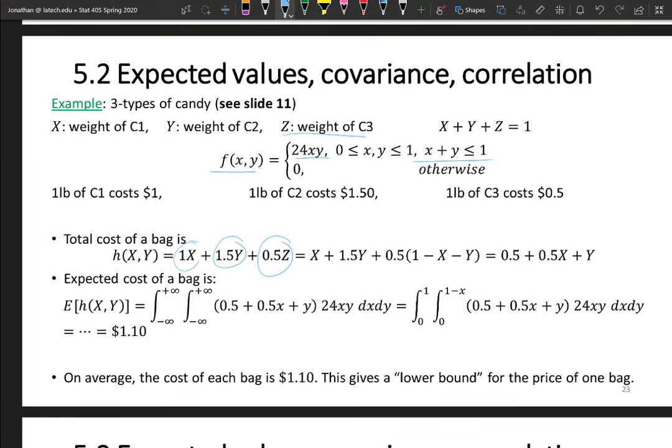And then cost of candy 3 is 0.5. So we'll say like $1 per pound, $1.5 per pound, and $0.50 per pound.